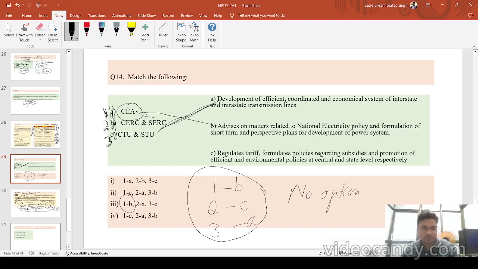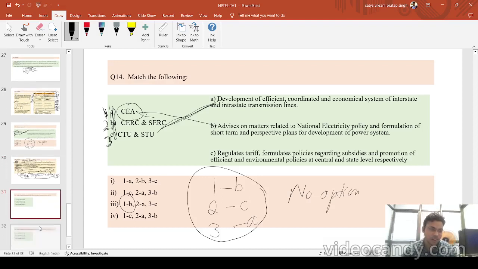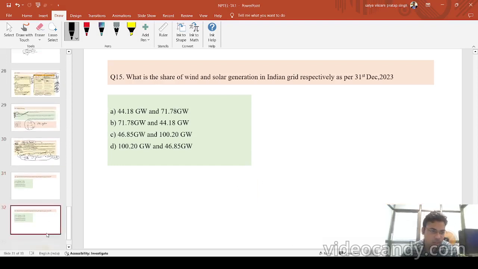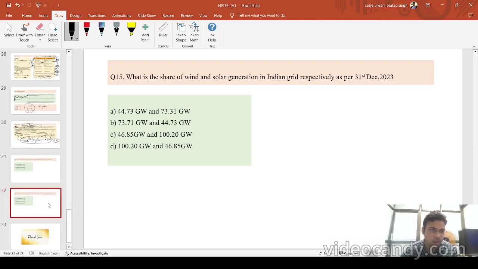Okay, that was a kind of trick question. Let's come to the last question of this session. There's question 15, please try it. This is related to the share of wind and solar generation in the Indian grid respectively as of 31st December 2023. I will inform you where this data came from and how you can read it.